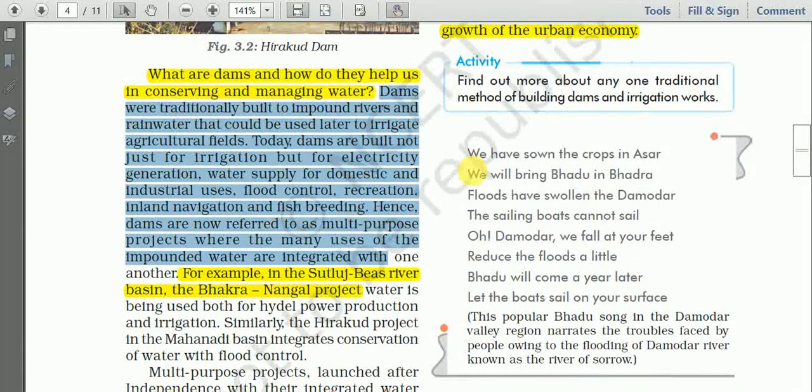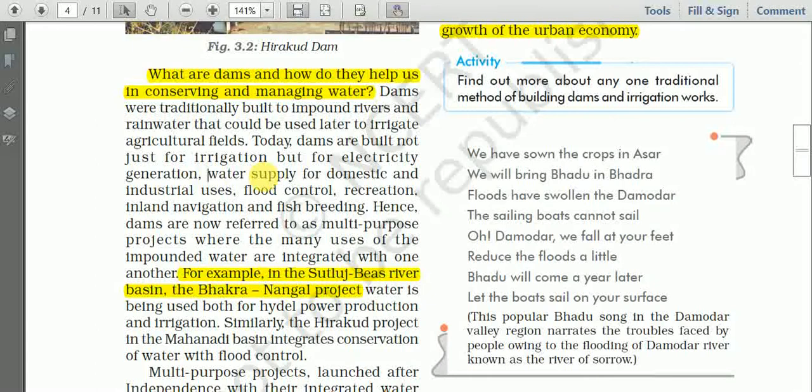As I told you, the water can be used for irrigation, then for electricity generation, then for water supply for domestic households and industrial uses. Last time we also learned that industries use water for cooling machinery, so that water is also provided by dams.